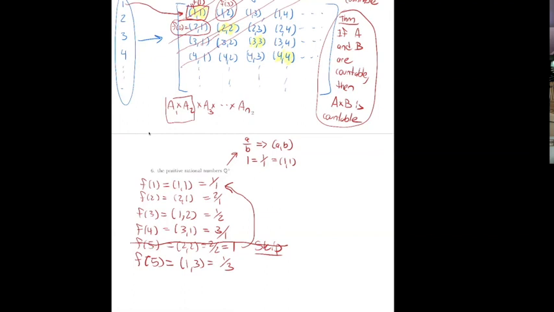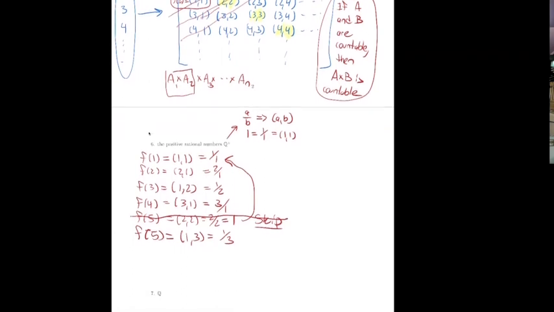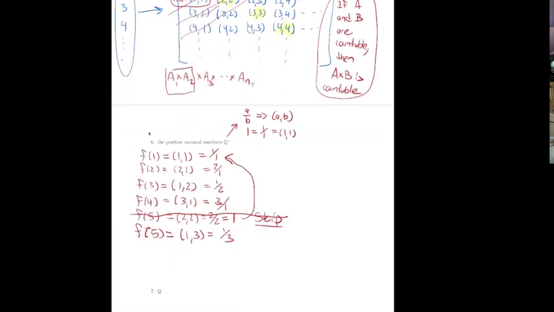So we just avoid that issue by saying we've already hit it. We don't need to define f of 5 that way. We'll let f of 5 be the next rational number that we haven't already counted yet. Okay, any questions about that?